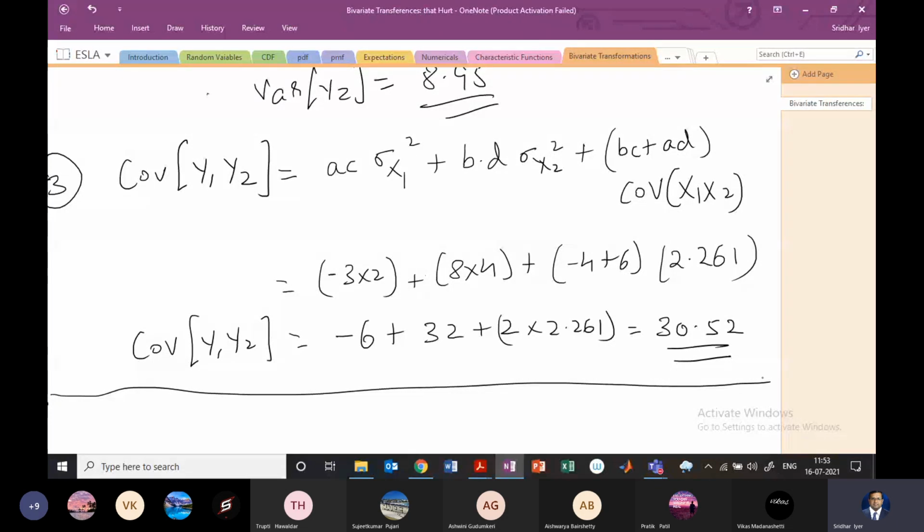Anyone with that answer? 30.52. Sir, 35.04. Yeah, so again, you'll have an approximation, but around 30.5. Anyone else? Any other student with that answer? Yes, sir. Okay, good. So I've shown you two numericals based on the properties of transformation.